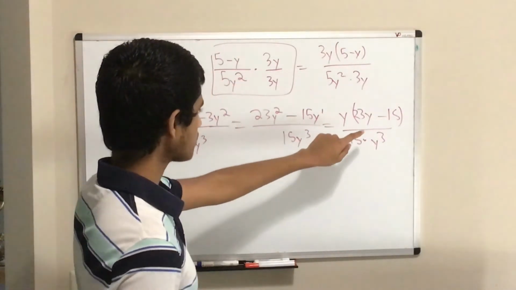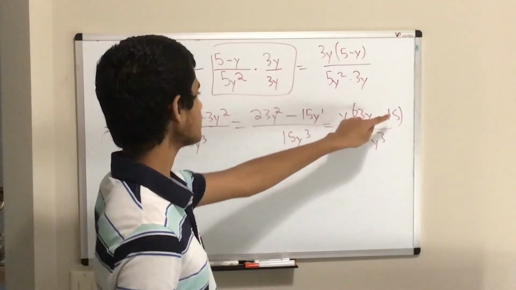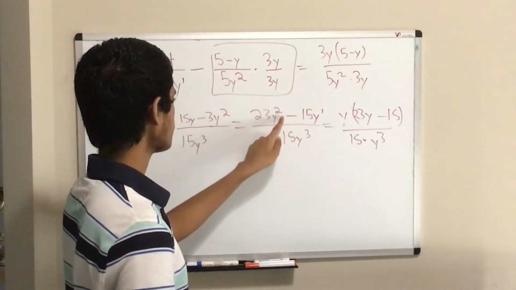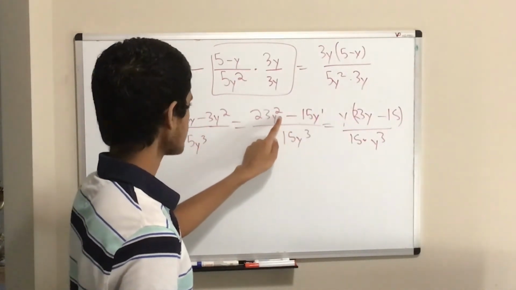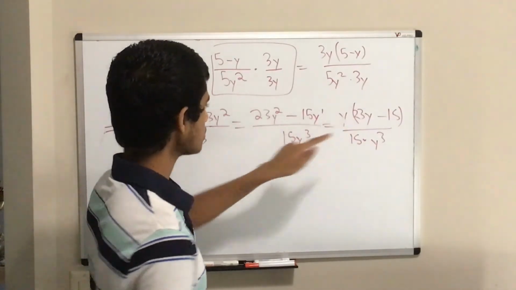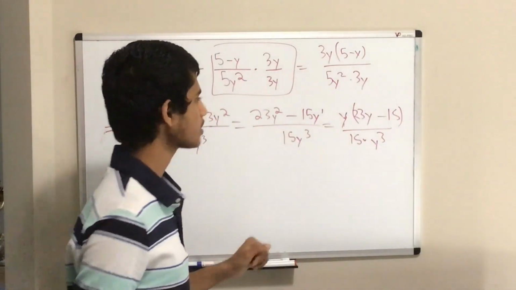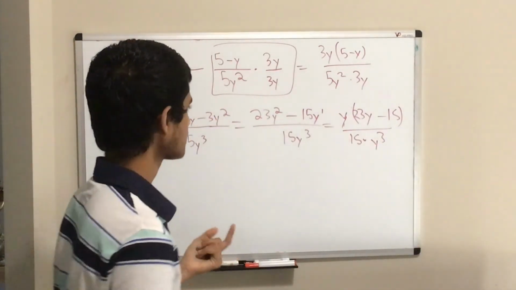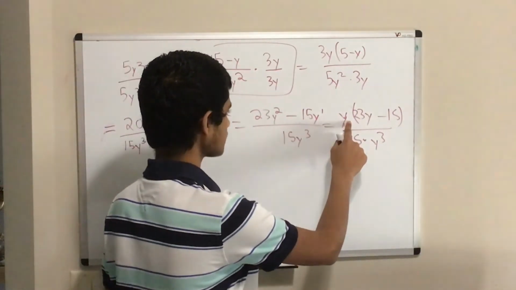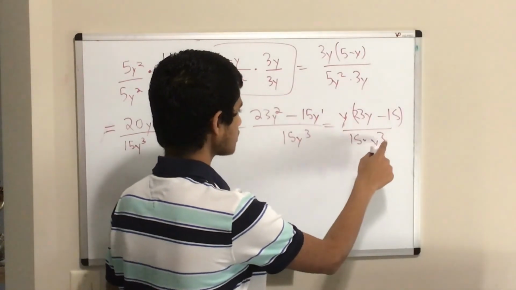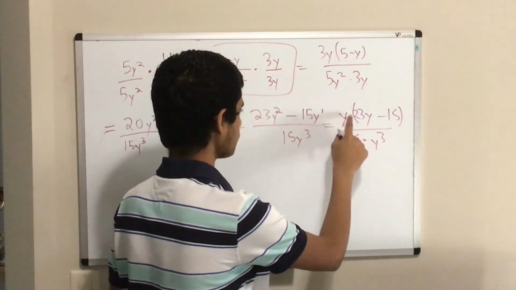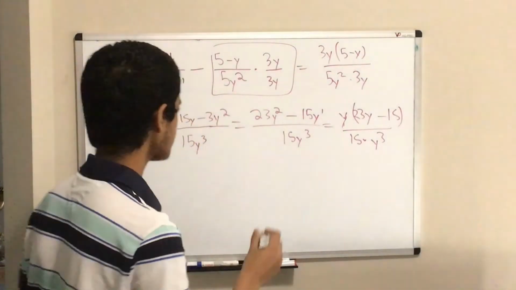So here's one more thing to note: when we distribute this back in, we get back the original expression over here, and then there's also a y being multiplied over here and a y being divided over here. And we know by the quotient rule that this is simply going to be the same thing as y to the power of 1 minus 3, which is y to the power of negative 2.